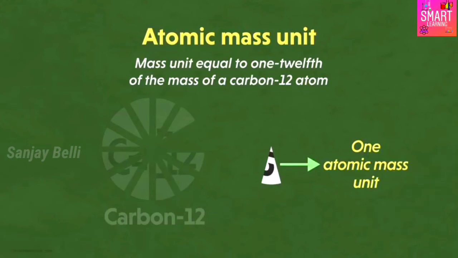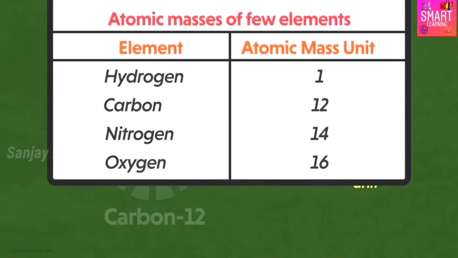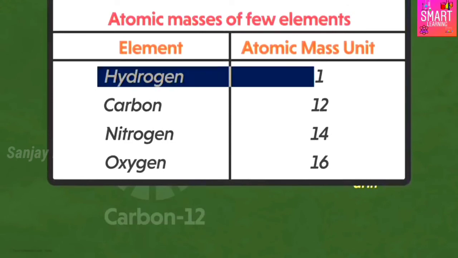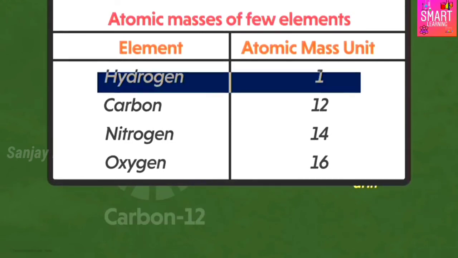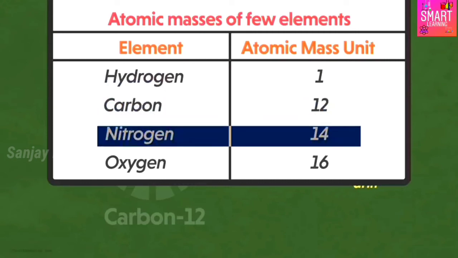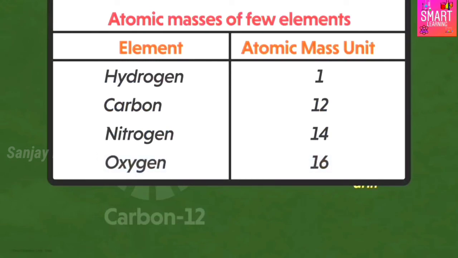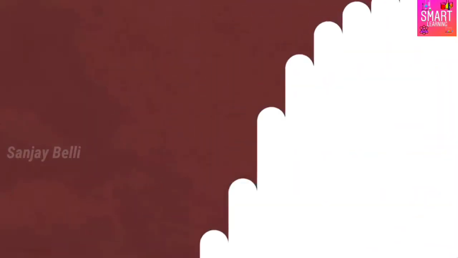Some examples of this would include the atomic mass of hydrogen being 1, carbon being 12, nitrogen being 14, oxygen being 16, and so on. How do we understand this in a simple way? Let me ask you a question.